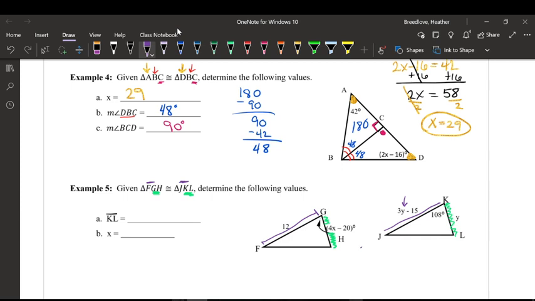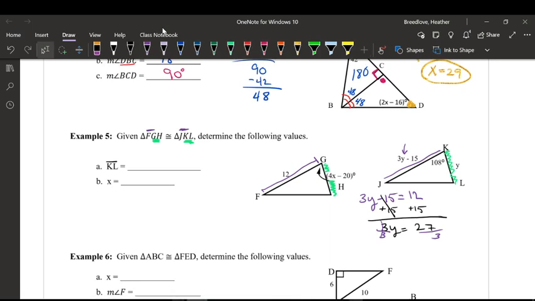So I could say that 3y minus 15 equals 12. And now I can solve for y, which is what I was looking for. So 3y equals 27. And then you divide by 3 to get y by itself. So y equals 9.